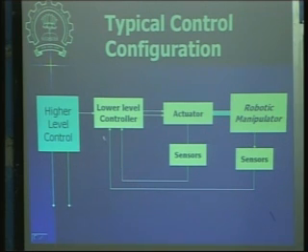And then you have the higher level control. This higher level control has to generate some commands and give them to the lower level controller. This higher level controller can be operating many such axes at a time, so it has to coordinate between the different axes of the robot. Typically a robot will have many joints, and all these joints need to be coordinated with each other, and that coordination task is done by the higher level control.